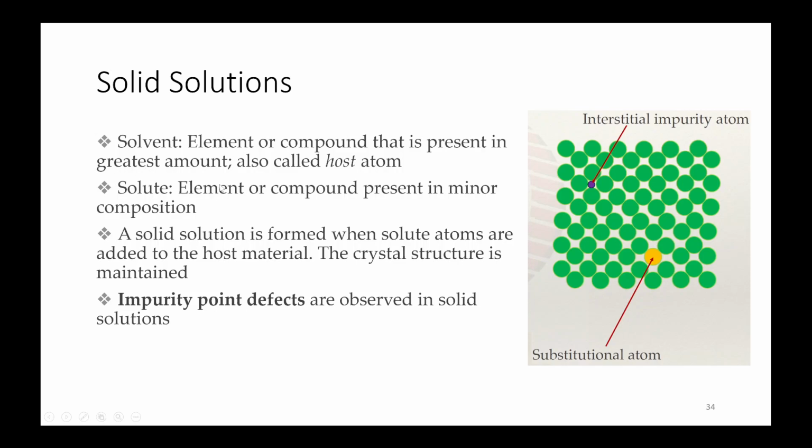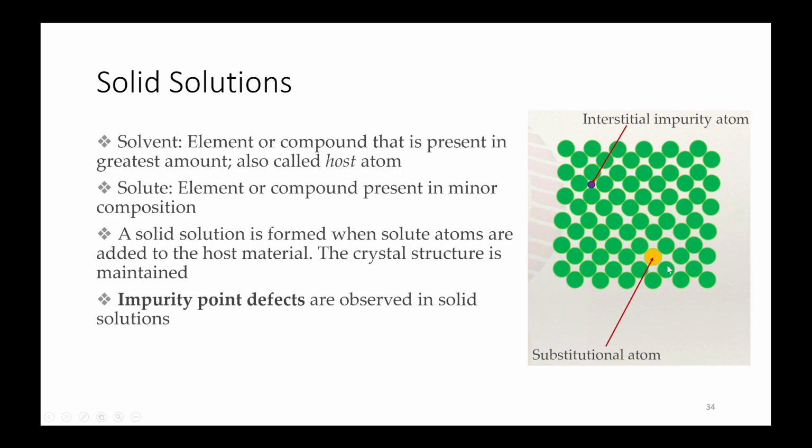Solute is your element or compound that is present in minor composition. So just a smaller number of atoms, that will be your solute. A solid solution is formed when solute atoms are added to the host material and the crystal structure is maintained, and impurity point defects are observed in solid solutions.